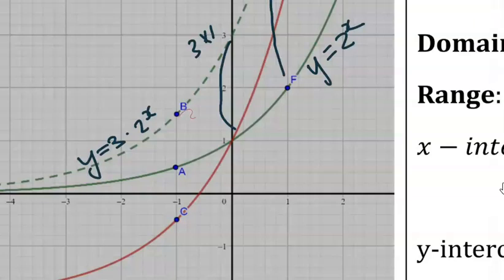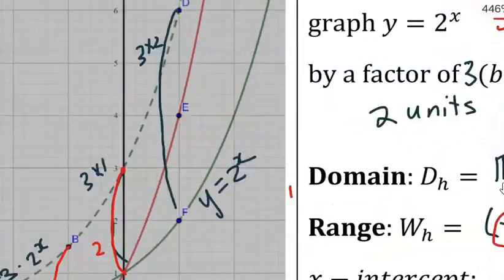So from B at 1.5, you shift down 2 units to get to point C at -0.5. So that's 2 units that you're shifting it down. From 3 up to there is 2 units, so it cuts exactly at the same point that we had before. And from D to E is also 2 units.